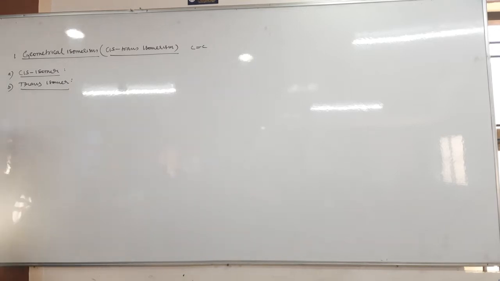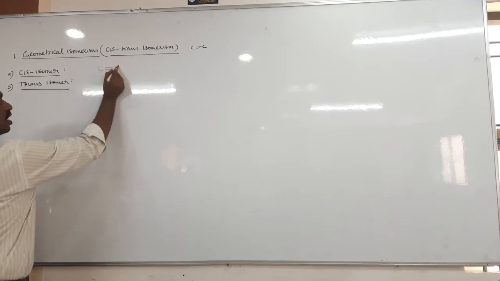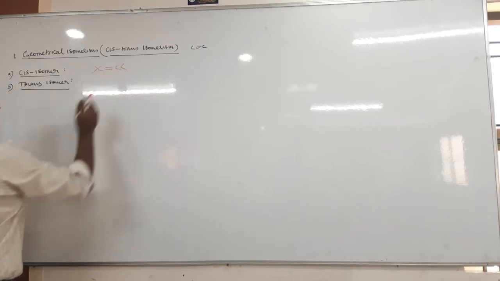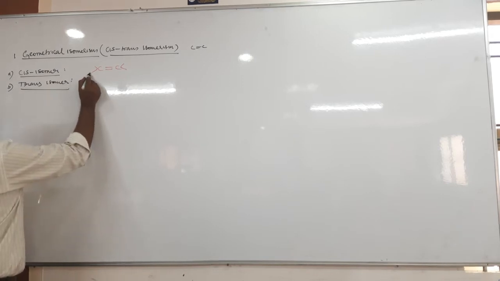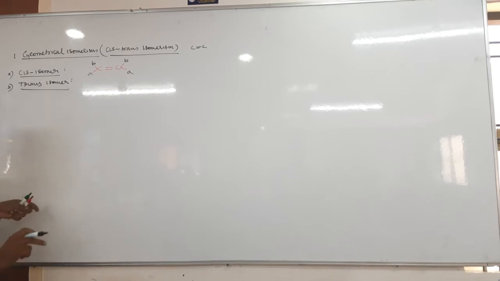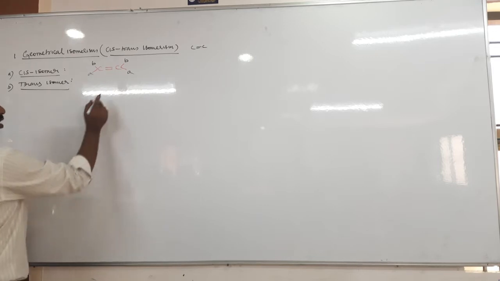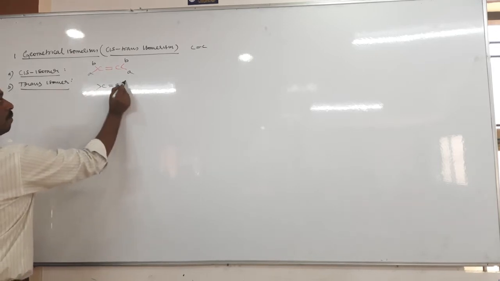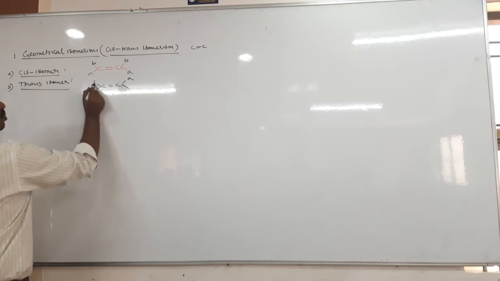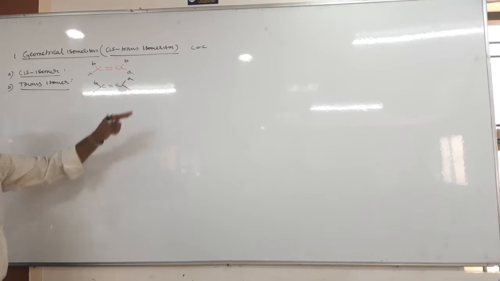Next, what is the meaning of cis isomer and trans isomer? In a carbon-carbon double bond, if identical groups are on the same side, like A A, it is cis. If the identical groups are on opposite sides of the double bond, like A A and B B, it is called trans.